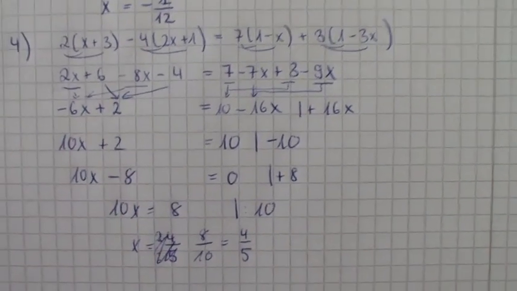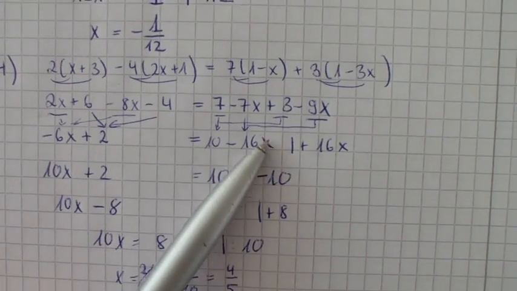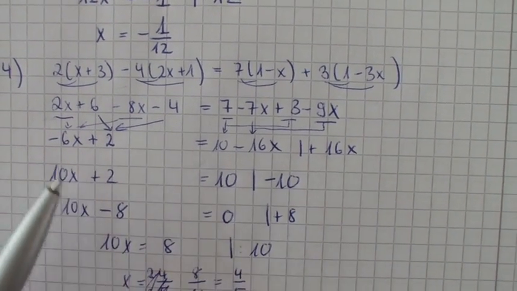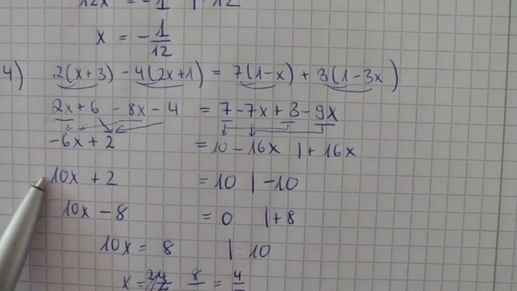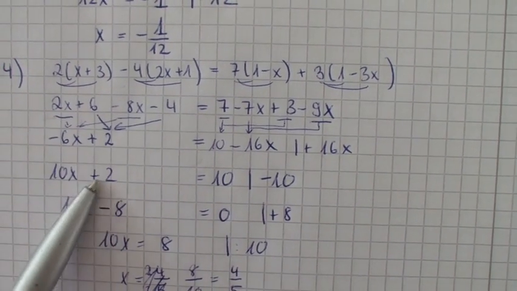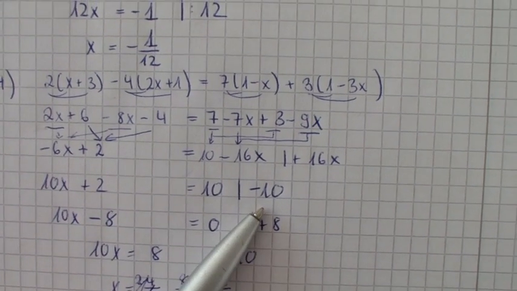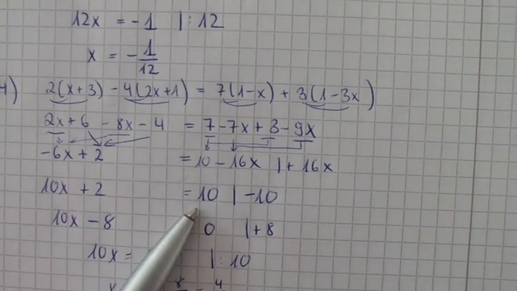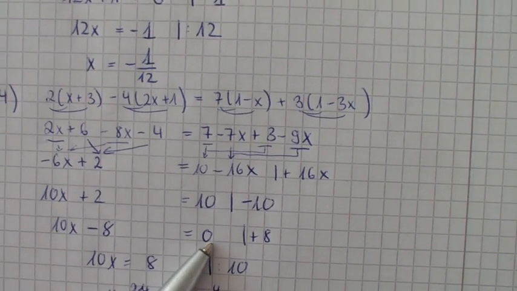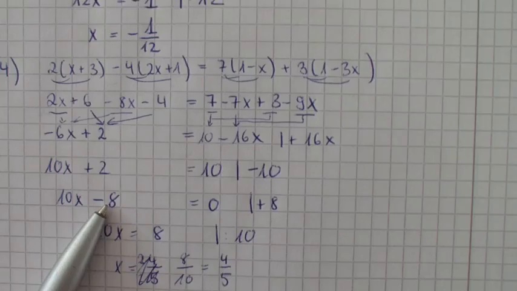Now the step again, bring everything to the left-hand side. We have to bring the minus 16x with plus 16x to the left, and minus 6x plus 16x will give you 10x. The 2 stays here, equals 10. Now bring the 10 also to the left-hand side with minus 10. 10 minus 10 will give you a 0, and 2 minus 10 will give you a minus 8.